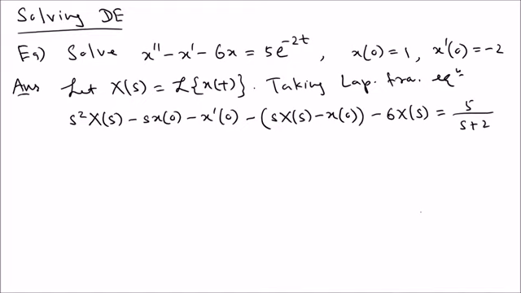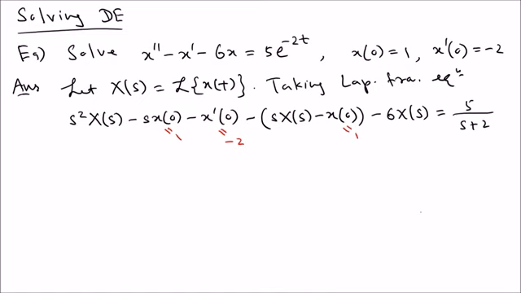Now what we can do is substitute the conditions that we know. This equals 1, this equals 1, and this equals negative 2. If you plug that in, you have a negative s term, so you can bring it to the other side, and we have negative 2, so it becomes positive 2, and positive 1, so it's 3. So we have negative s plus 3, and you can bring it to the other side.